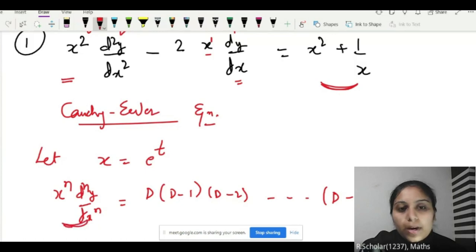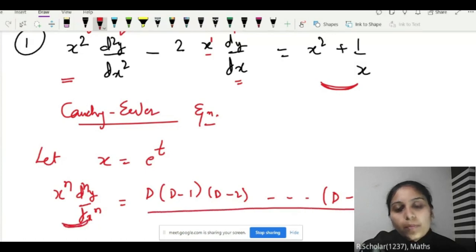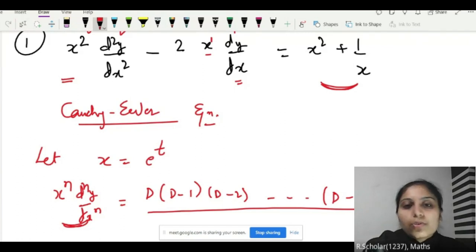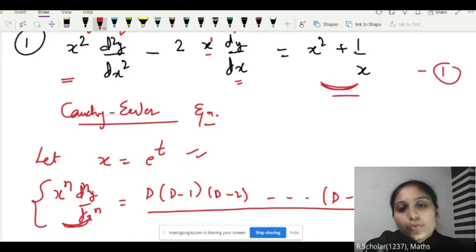So this part is converted into this symbolic form. Here the difference from the last lecture is constant coefficient, and by this substitution and using this, we will convert equation number 1 into an equation with constant coefficient.